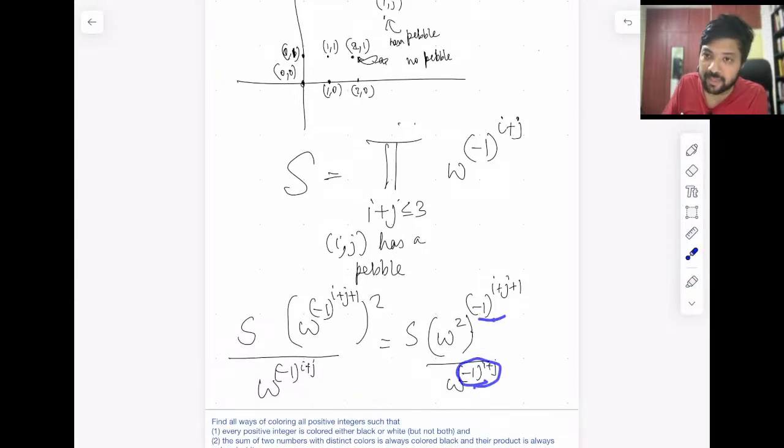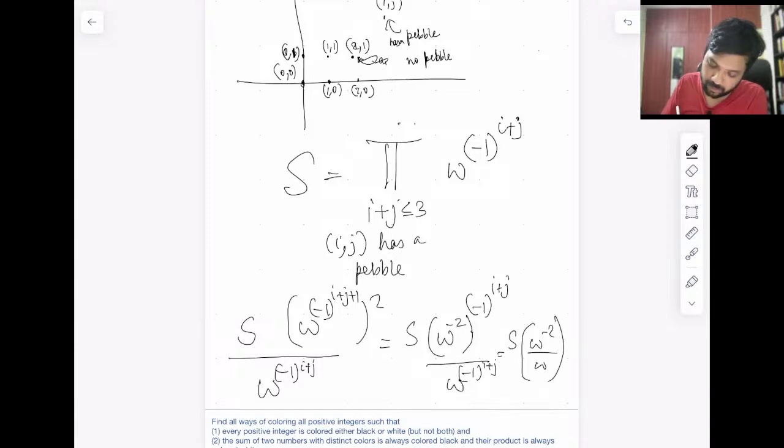Even if this was only minus 1 power I plus j, we would be done. So you want to make it into minus 1 power I plus j. So you remove this one and put a negative sign here, and that negative sign you can sneak inside. So therefore this becomes S into omega power minus 2 by omega, whole power minus 1 power I plus j, which is omega cube or whatever, it's just 1. So just a second. We are done.